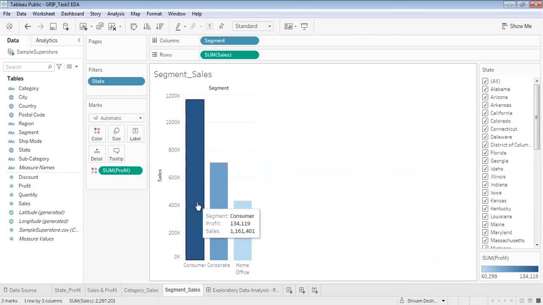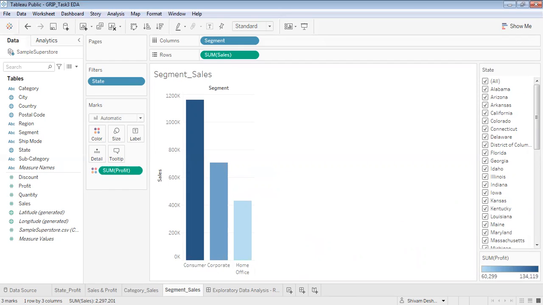As you can see here, in the consumer segment, the sales are highest, and the profit is also very large. In the corporate segment, the sales and profits are relatively good. We have to increase the profit and sales in the home office segment.